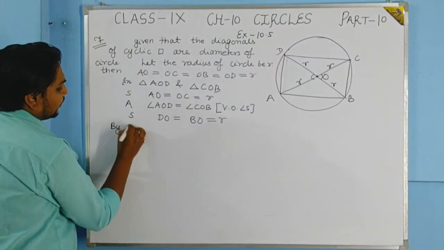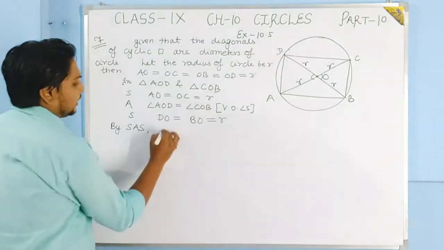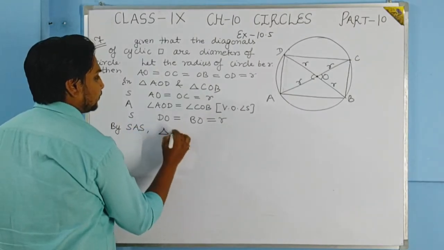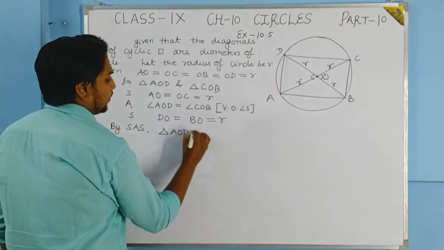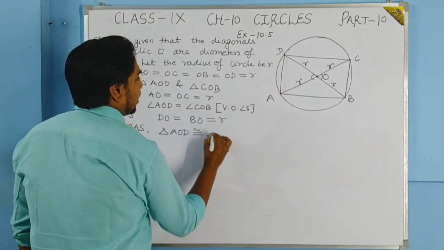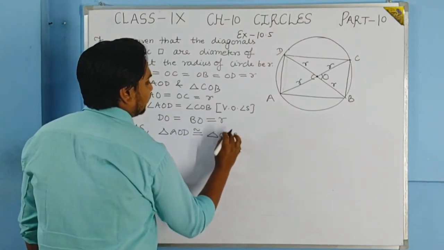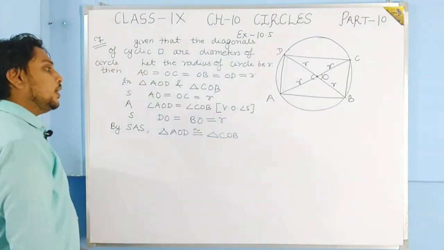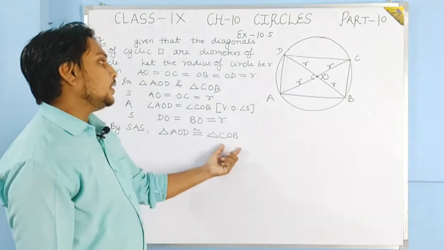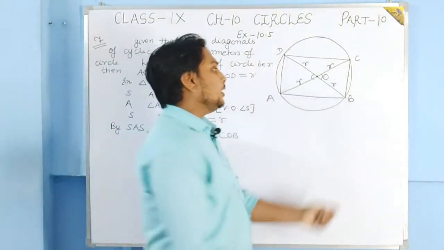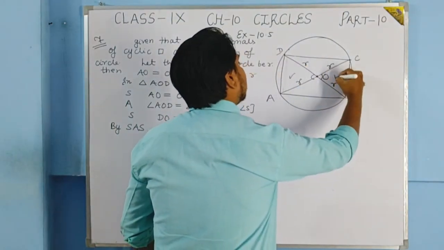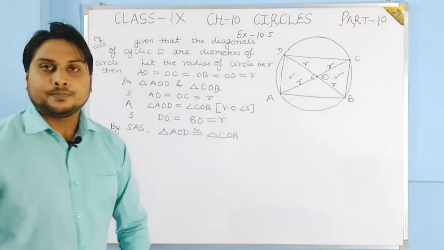So by side angle side, we can say that triangle AOD is congruent to triangle COB. Okay, triangle AOD is congruent to triangle COB, means this triangle is congruent to this triangle.